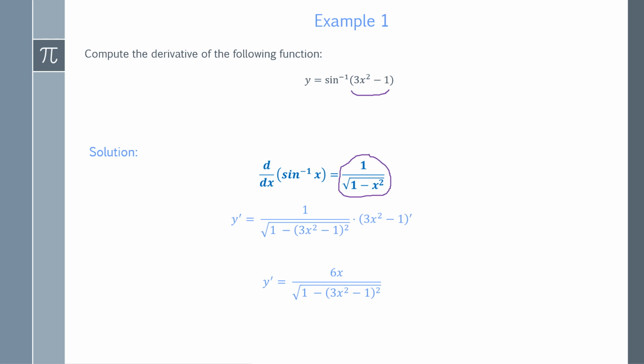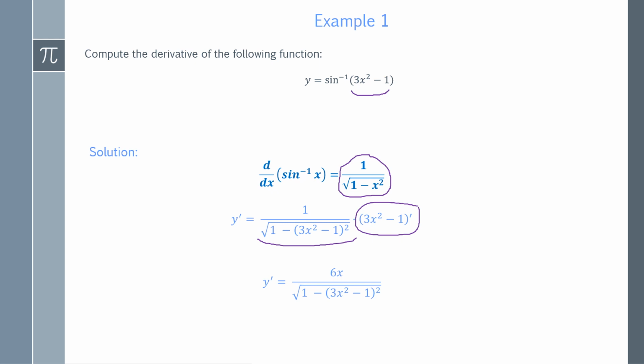So this is going to be 1 over the square root of 1 minus the expression 3x squared minus 1 squared. And of course, we do not forget about the chain rule times the derivative of 3x squared minus 1.